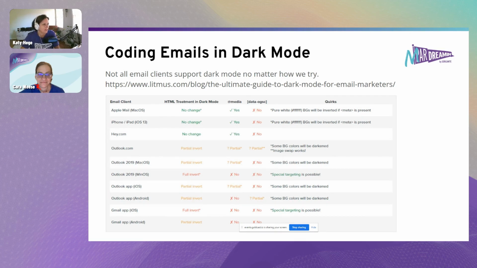So I provided a Litmus link to the actual email clients where they do support dark mode and some that just do a partial invert, a full invert, or no change at all. So it's worth looking at and reading those.